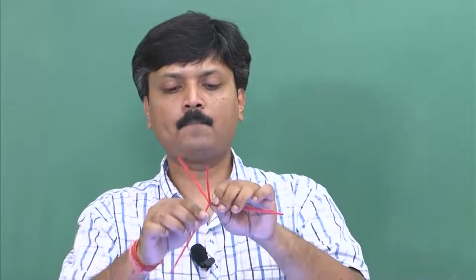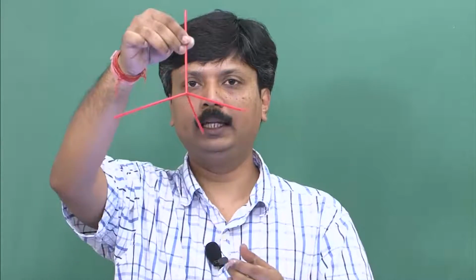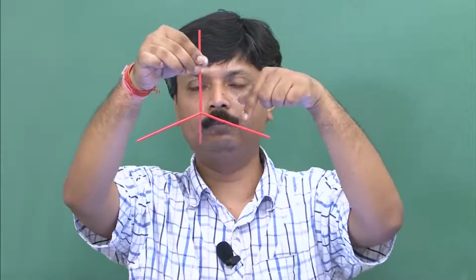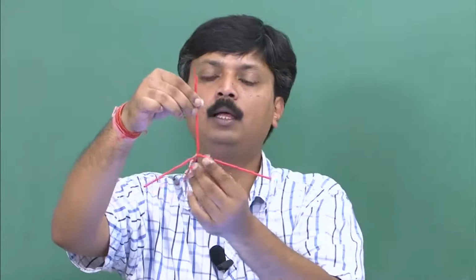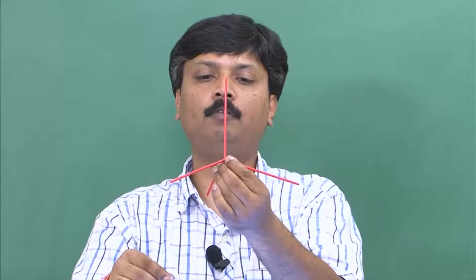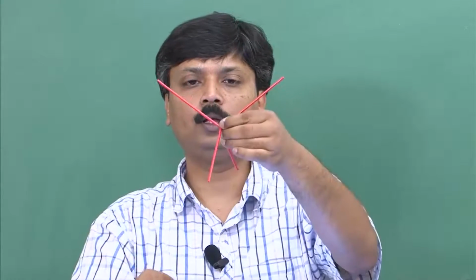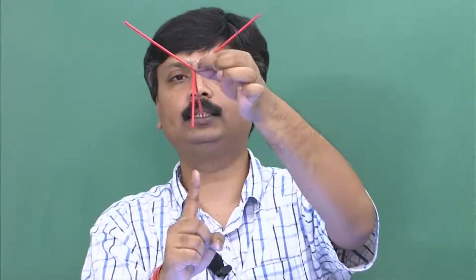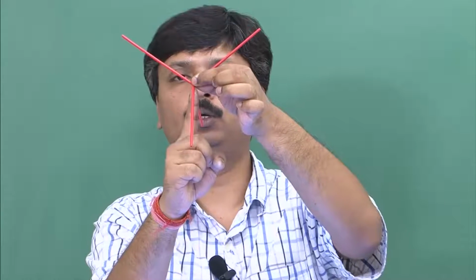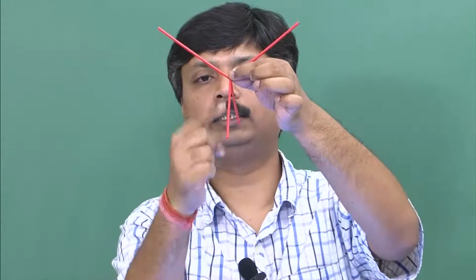Now, you can hold this molecule like this, where you can see this C3 axis, the principal axis of rotation, but at the same time you can find a C2. So, C2 will be like this, one axis passing through the middle of this angle, right.